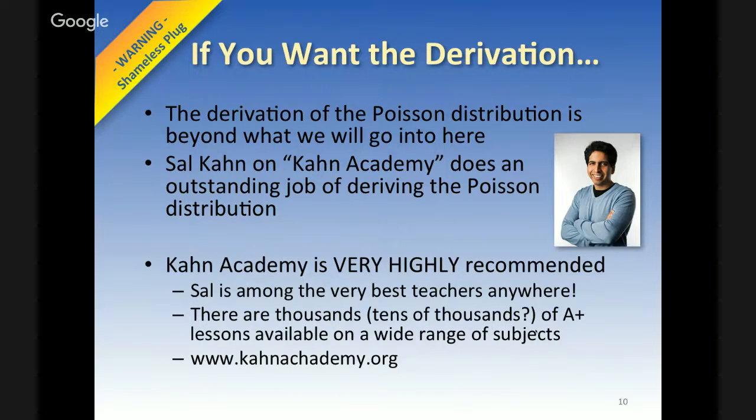I'm going to explain the results of the Poisson distribution, but if you want to see how it's derived and where it comes from, it takes a little bit of calculus. He explains it so well, and for all of you, if you haven't done anything on the Khan Academy, I very highly recommend it. I don't come on here very often or ever try to make an ad, but this is such a good thing. There are thousands of little subjects, 10 minutes each. If you haven't visited the Khan Academy, check it out.